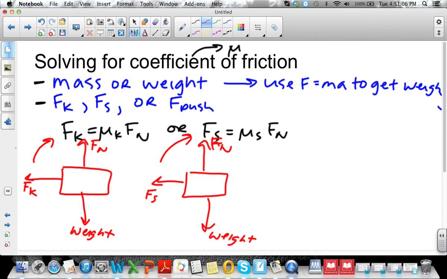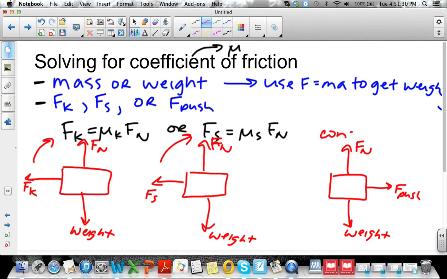Okay, so then the trickier one is say I've got the weight here, I've got Fn, and I have an F push. Then we come across a little bit of a problem. They will generally tell you it's a constant velocity. So let's assume here it's a constant velocity.